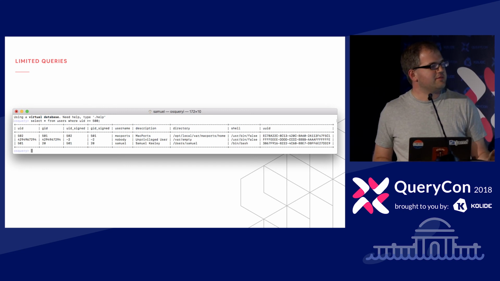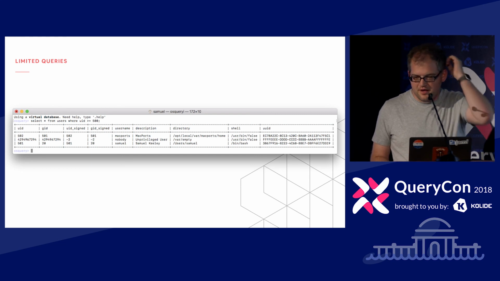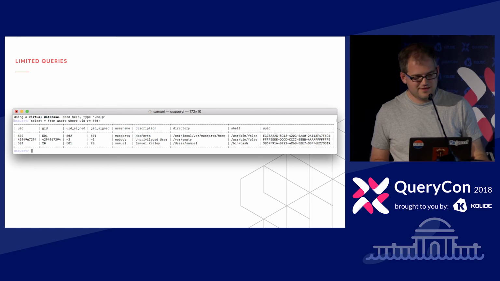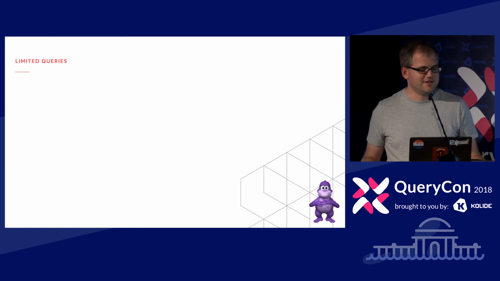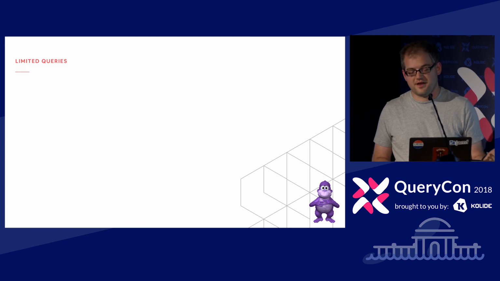Now, another example of a limited query is, I heard about this new malware that came out for Windows, and I need to detect it. And so I want to write a query that goes into my Windows attacks pack. So I want to detect BonziBuddy, so I'm going to go over to a pack entry that I already wrote.